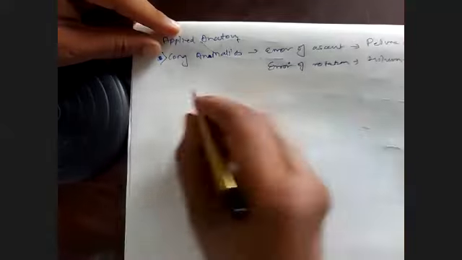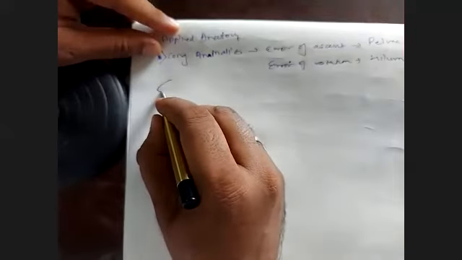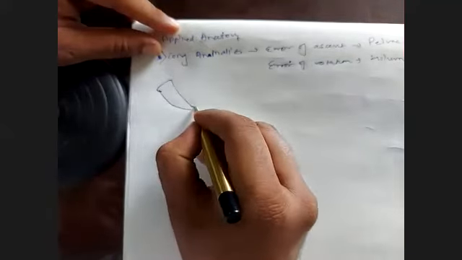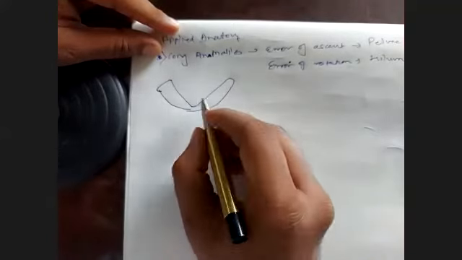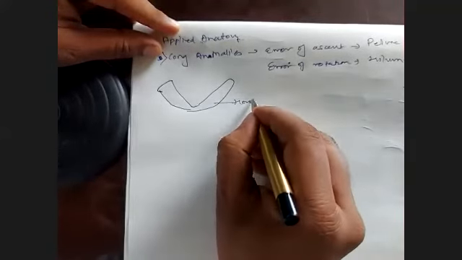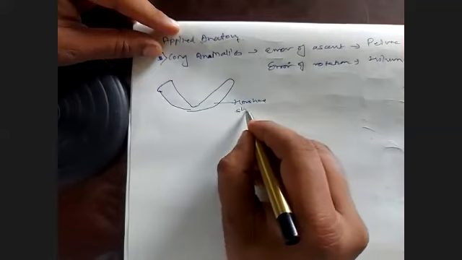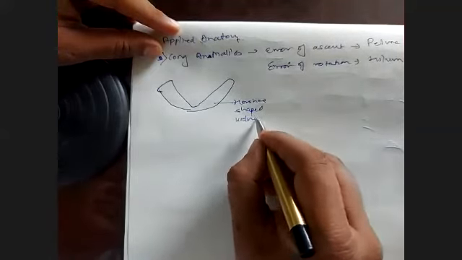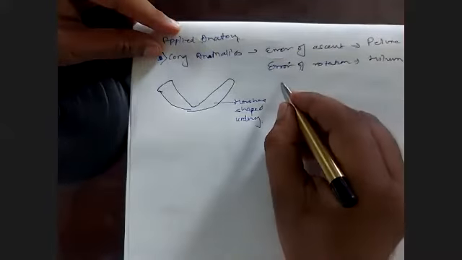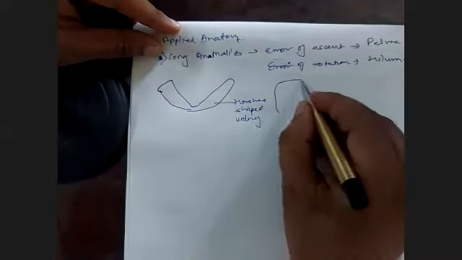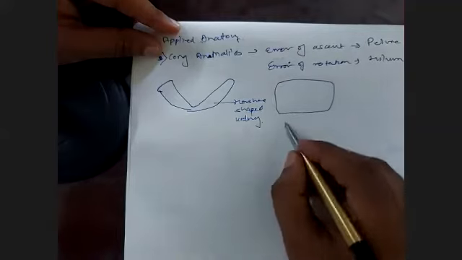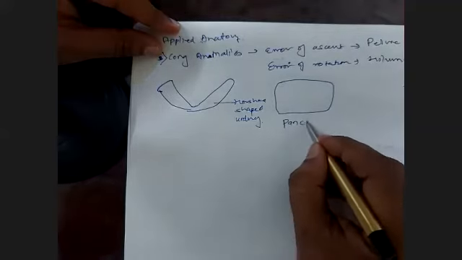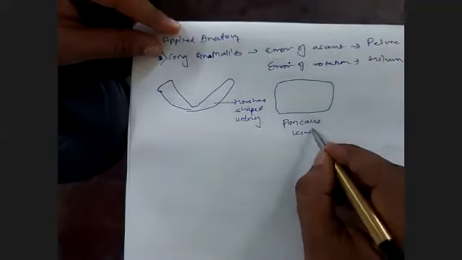Then sometimes when the kidney is developing, the lower ends get united with each other, and this is called horseshoe shaped kidney. Another anomaly is where the two kidneys unite with each other completely. This is pancake kidney.